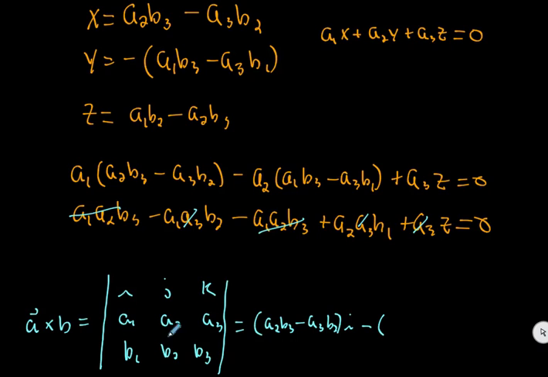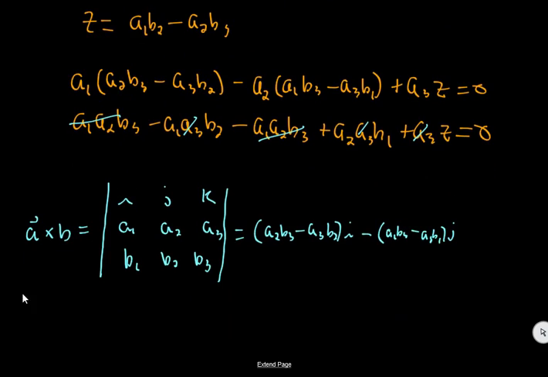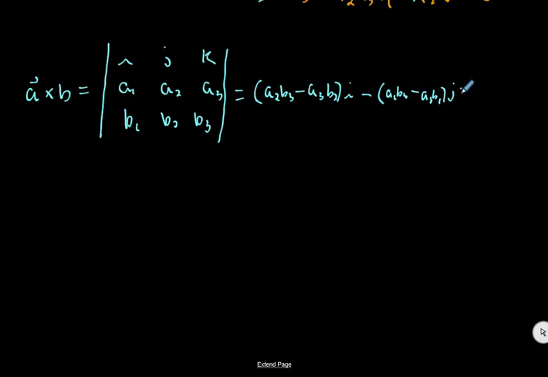It's like putting your hand over the j term, so it's a1b3 minus a3b1, j. And then finally my k term is covering over this, and that would be a1b2 minus a2b1, and that is the cross product.